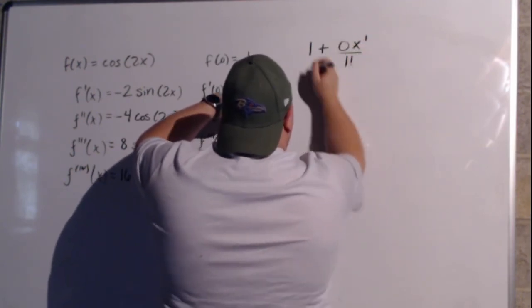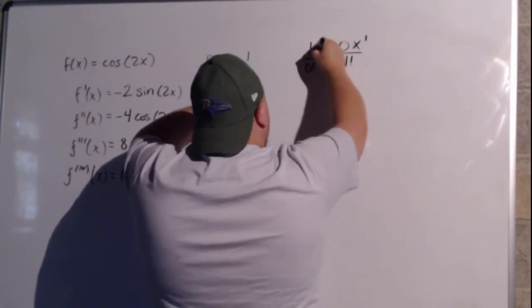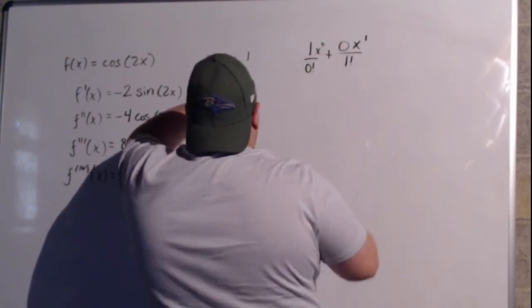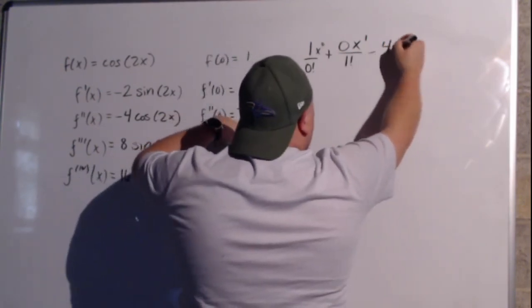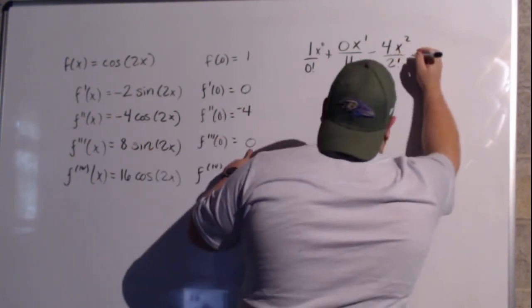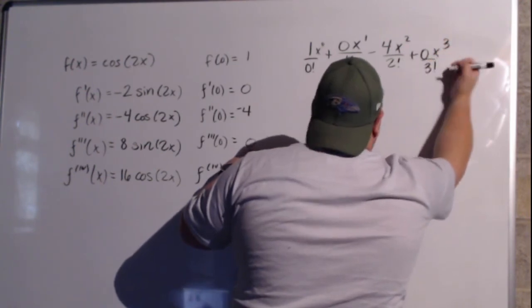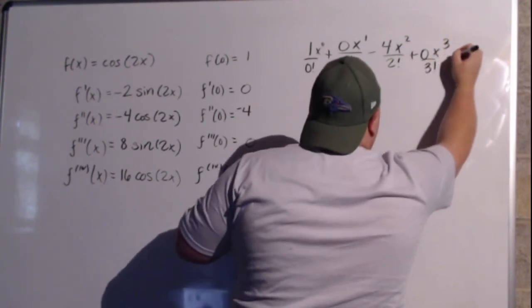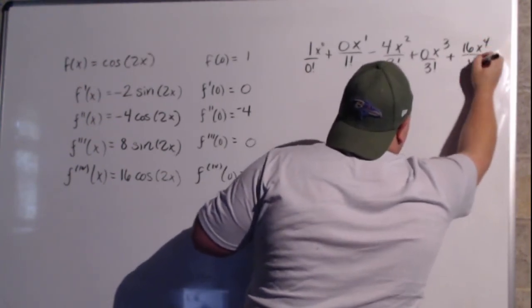over 1 factorial, and maybe we can write this over 0 factorial and times x to the 0 if that helps you. The next term is minus 4 times x squared over 2 factorial plus 0 x cubed over 3 factorial, and finally plus 16 x to the 4th over 4 factorial.